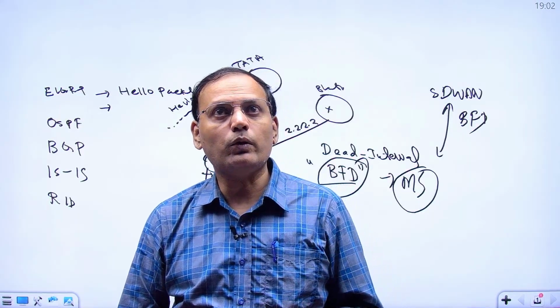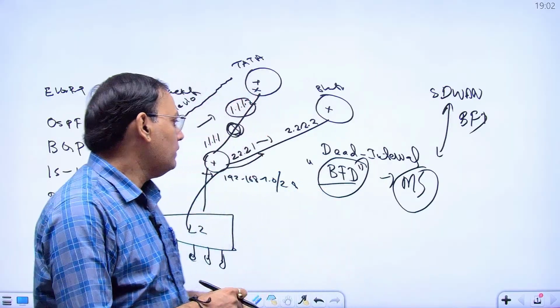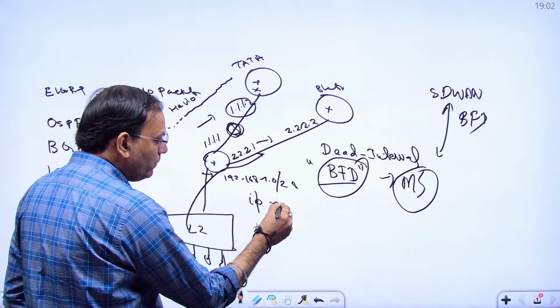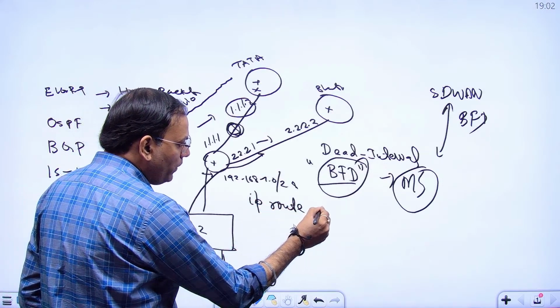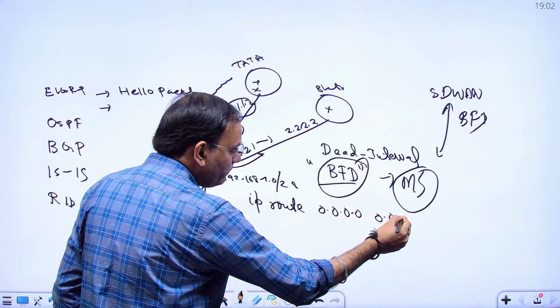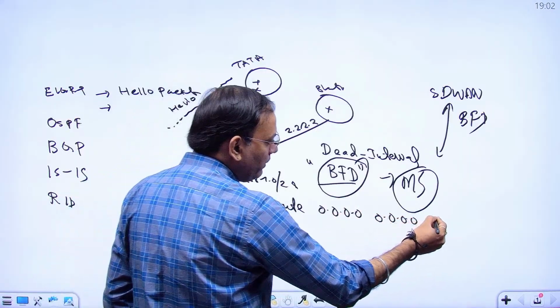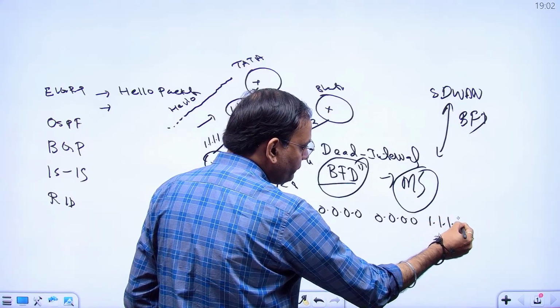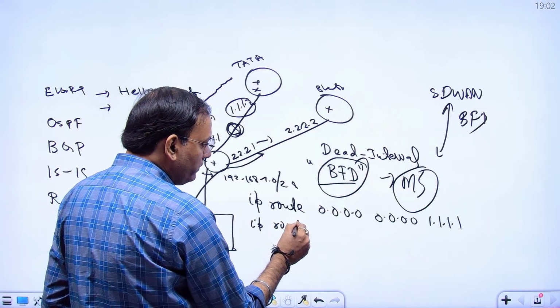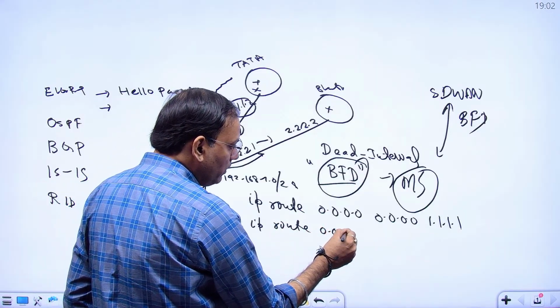In dynamic protocols you have the hello concept, but in static routing there is no hello. What does it mean? What is the problem? In static routing, if there is no hello, what will happen? Let's say I have configured two routes here, two default routes.